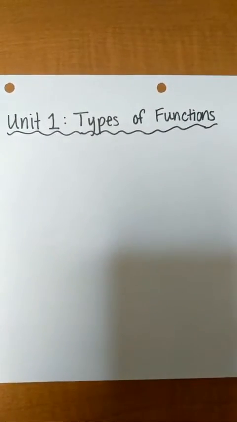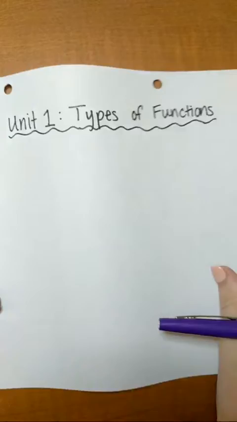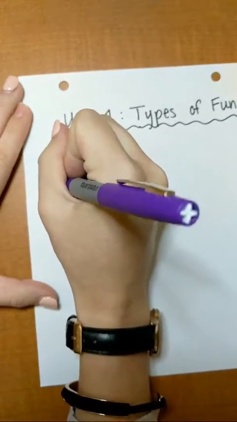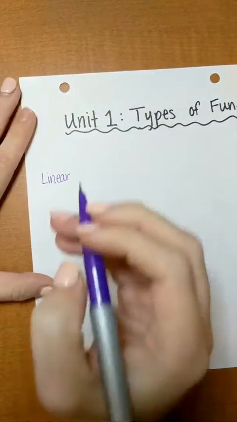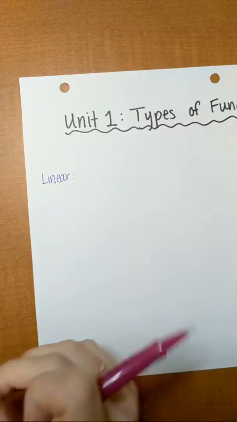So today we are going to be talking about types of functions. So there are three types of functions. The one that you are probably most familiar with is linear. And then there is quadratic.